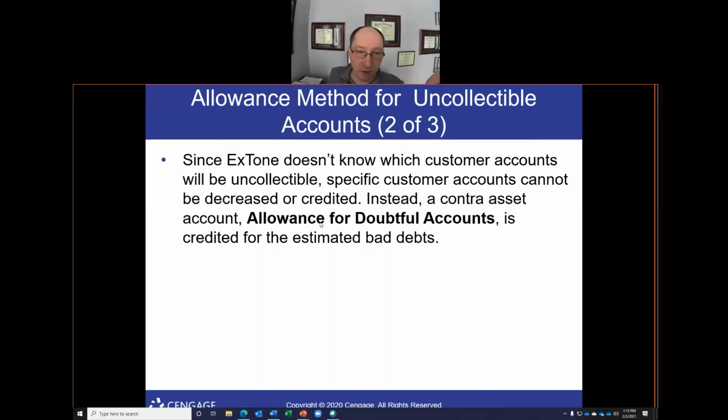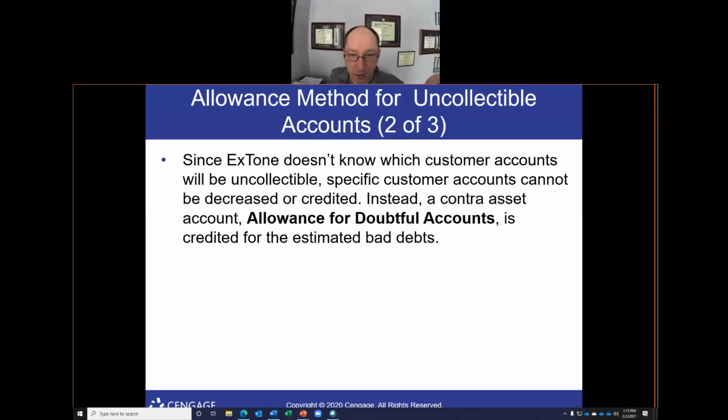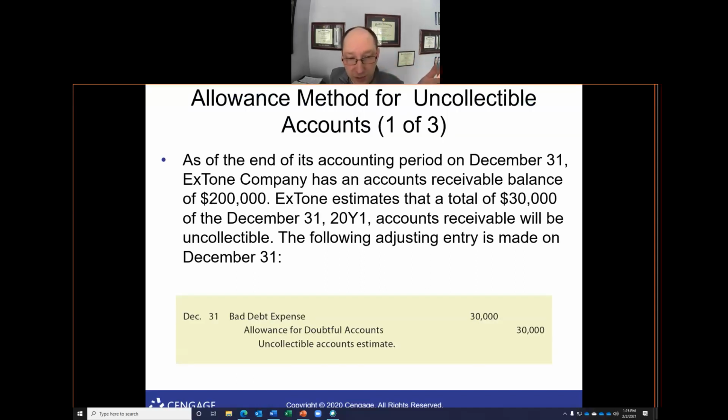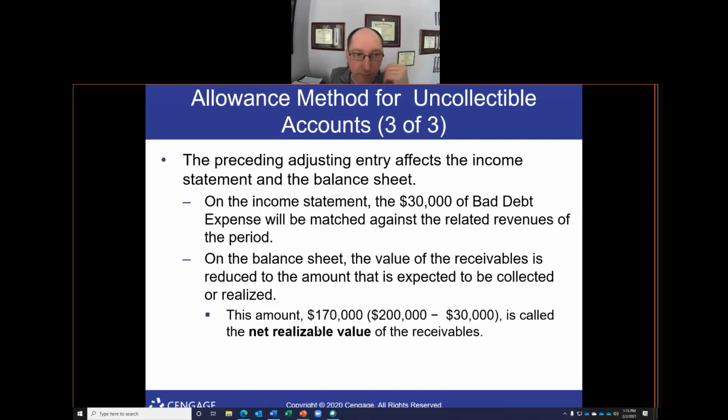And we use this account called allowance for doubtful accounts. That's where we enter the amount that we think will be uncollectible, and we credit that account. So just as we saw from this earlier example, you debit your bad debt expense and you credit allowance for doubtful accounts when you're estimating the amount that you won't be able to collect.